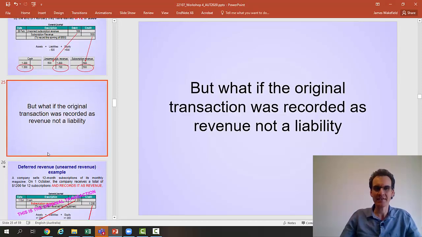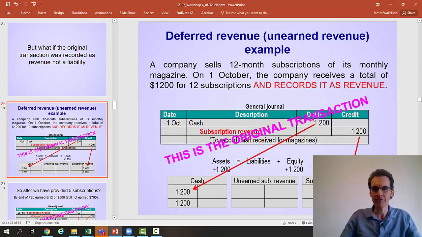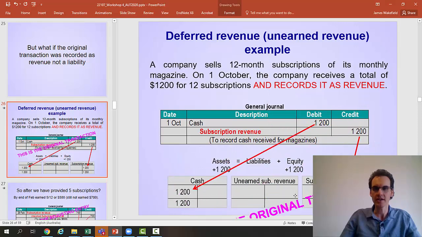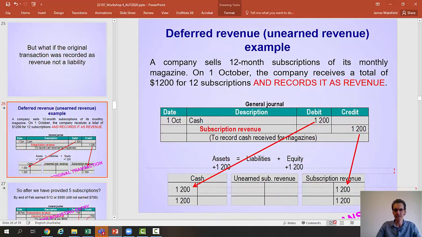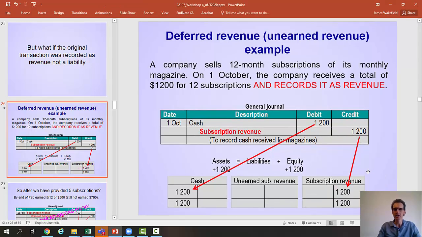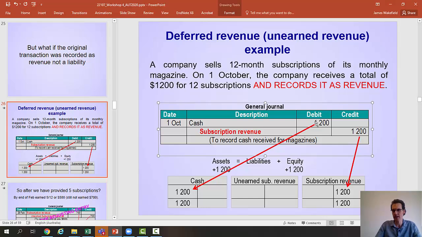However, in saying that, what happens if the business recorded this particular transaction, rather than recognizing the current liability of unearned subscription revenue, by instead recording subscription revenue when the cash was received, and of course debiting the cash account accordingly? The same as the prior transaction we looked at. Now, I'll come back to it again. A number of you are going to say, this is wrong, this is not how you do it. And that's fine. I accept that.